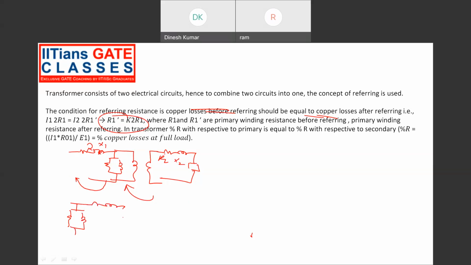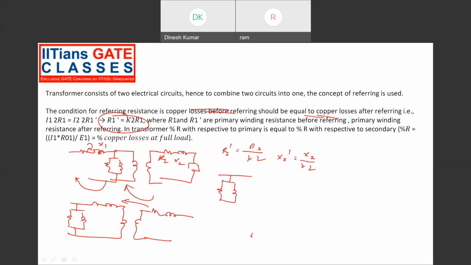Then I have R1, X1, and then I have R2, X2. Now this R2, X2 I am transferring to the other side. So R2 dash equals R2 by K square. Similarly, X2 dash equals X2 by K square. So the equivalent circuit will look something like this.